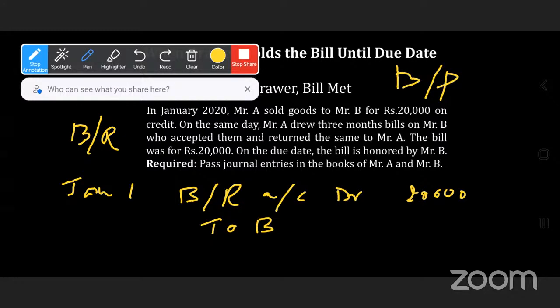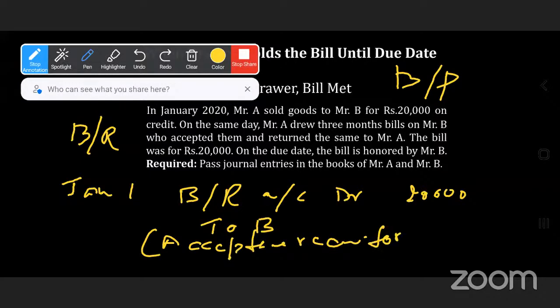So this is the second journal entry, where the bill is drawn on B, and the bill is accepted by B and returned back to Mr. A. So you have to write the narration as acceptance received for 3 months.